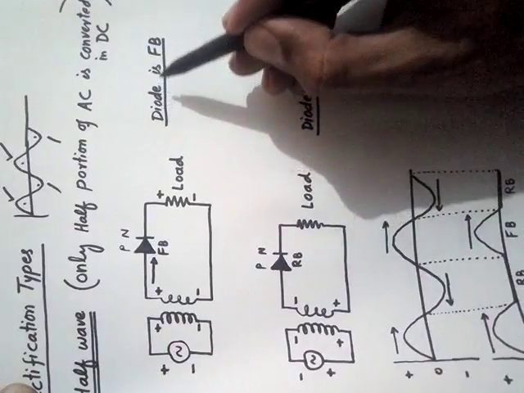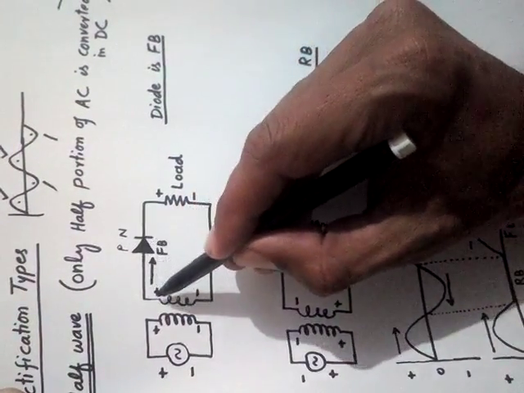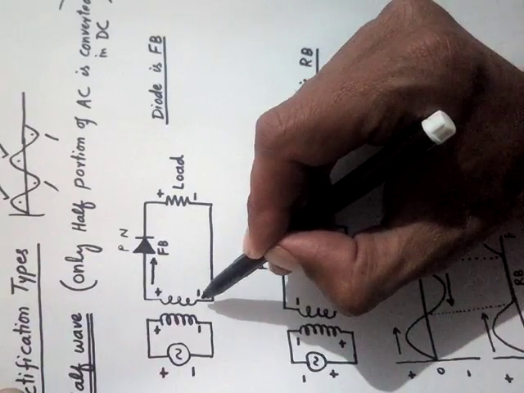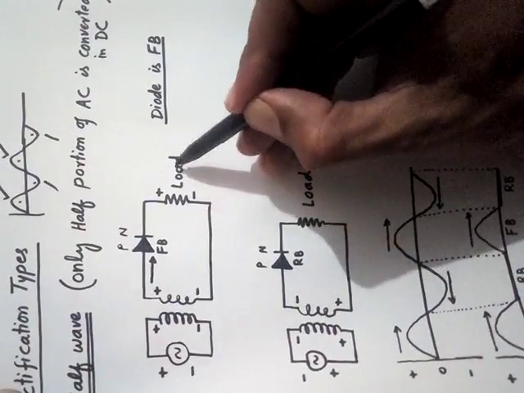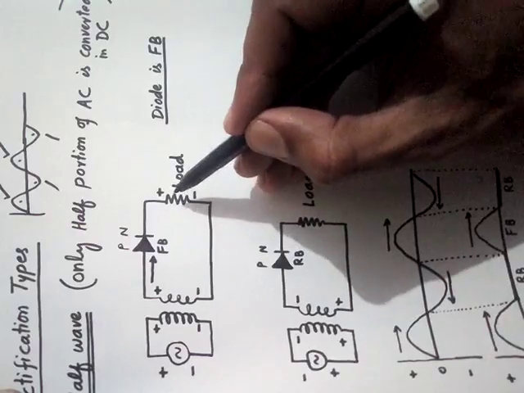Here it is written that the diode is forward biased, and you can see that the P side of the diode is connected with positive and the N side is connected with negative. This is called the load, an external resistor. This may be a bulb or a fan or something else.